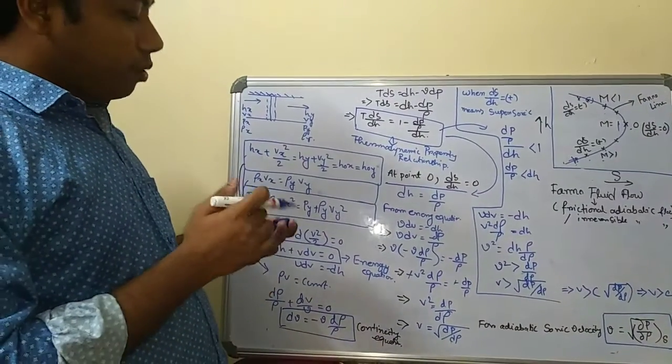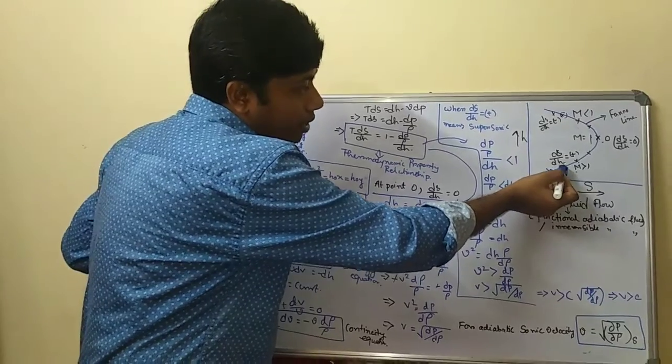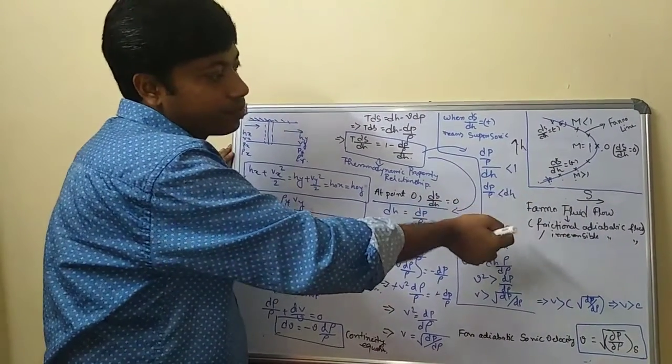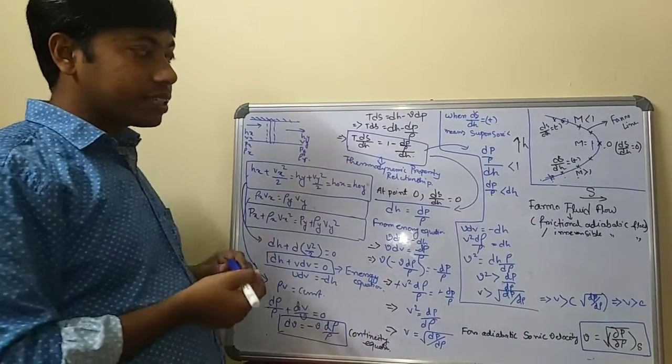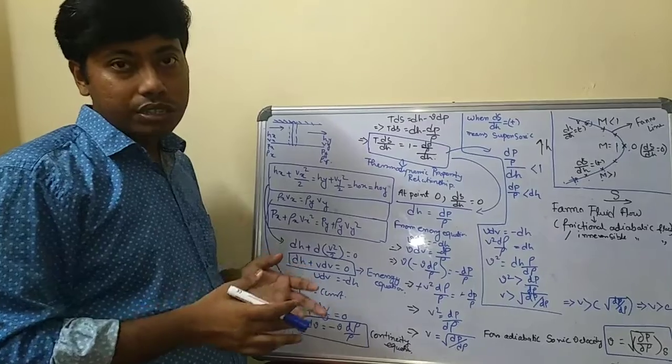Now suppose this is the point, and the point moves in this direction. As we know, this is Fanno flow, basically adiabatic flow, so adiabatic means dq is equal to 0, and ds will increase.